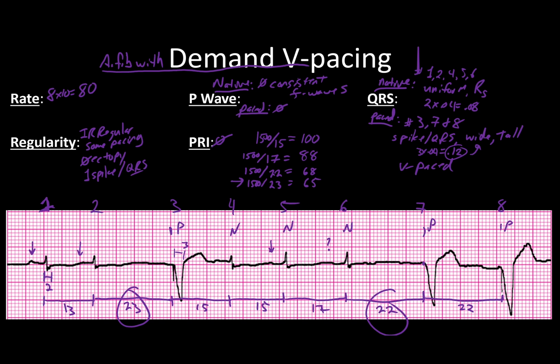Whereas if it's going faster than that, like with these here, 3, 4, 5, etc., 4, 5, 6, that rate is well above the 65 cutoff, and at that point the pacemaker does not have to kick in. So that's that rate responsive, the demand pacing. It only does its job when it's needed to keep the patient's heart rate up to where it needs to be.